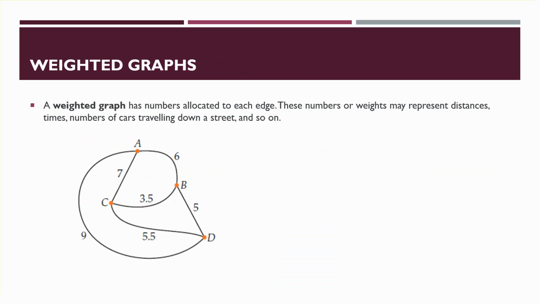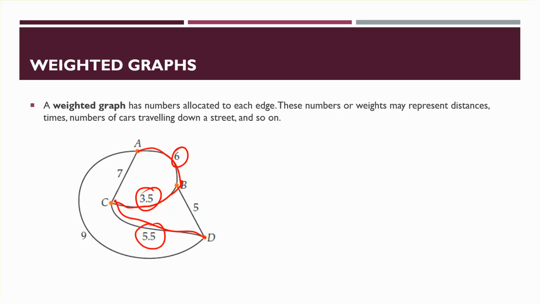Weighted graphs have numbers allocated to each edge. These numbers, or weights, may represent distances, times, numbers of cars traveling down the street, and so on. So let's say we want to go from A to B to C to D. We can see how many cars are on those streets if we call each of the edges streets. A to B, there was 6. Obviously they wouldn't be cars because there's 3.5, then down to there.